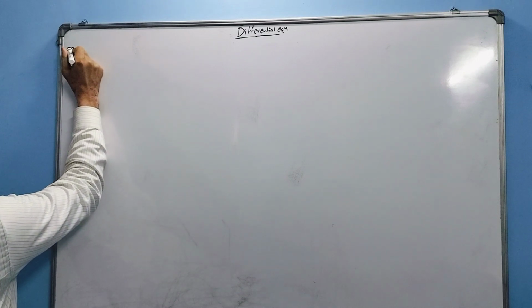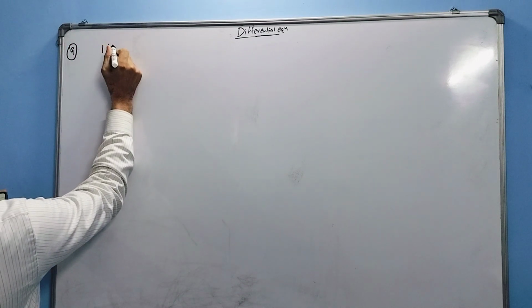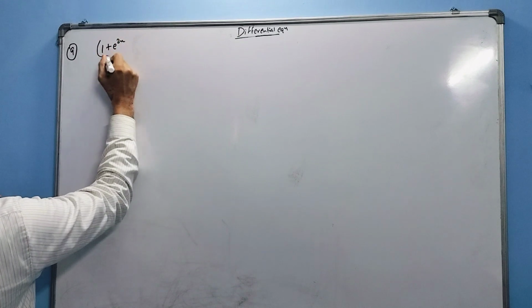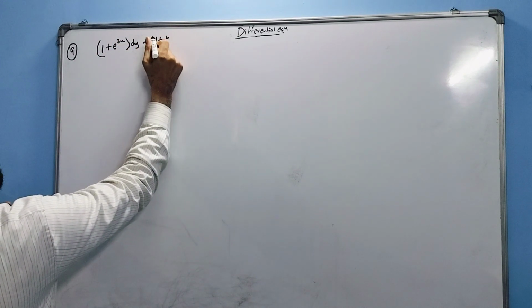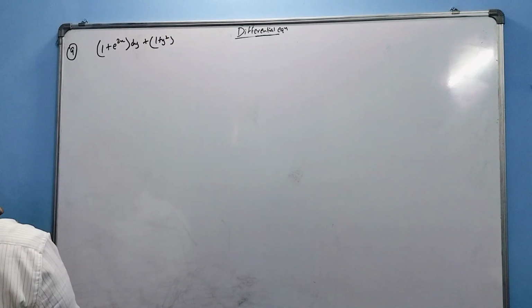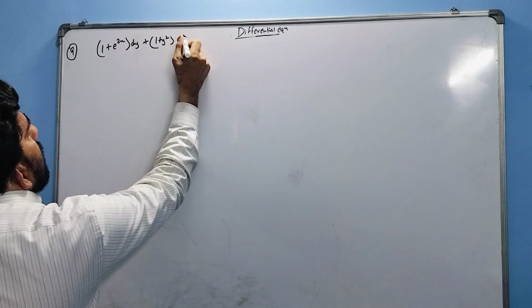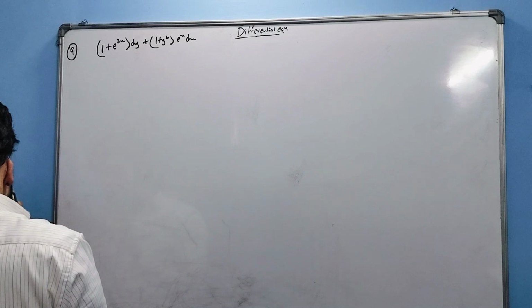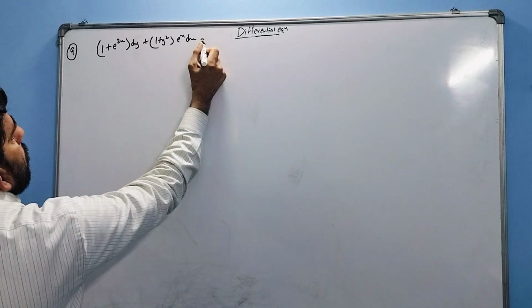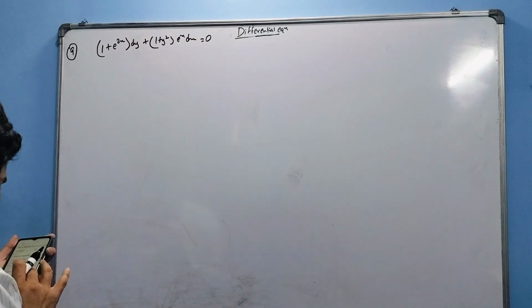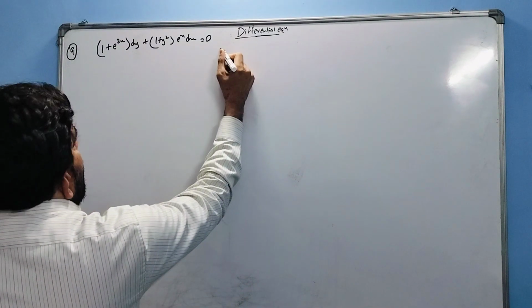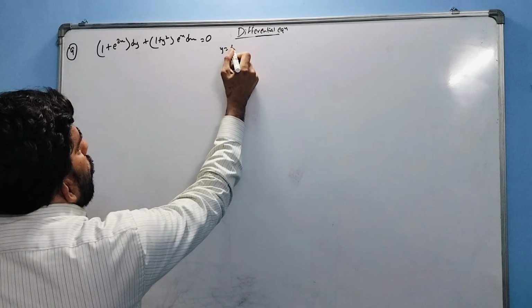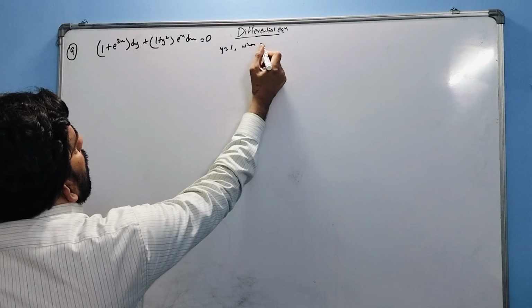What they have given: (1 plus e raised power 2x) dy plus (1 plus y square) e raised power x dx is equal to 0. Okay, so we need to find a particular solution of this differential equation, and it is given that y is equal to 1 when x is equal to 0.